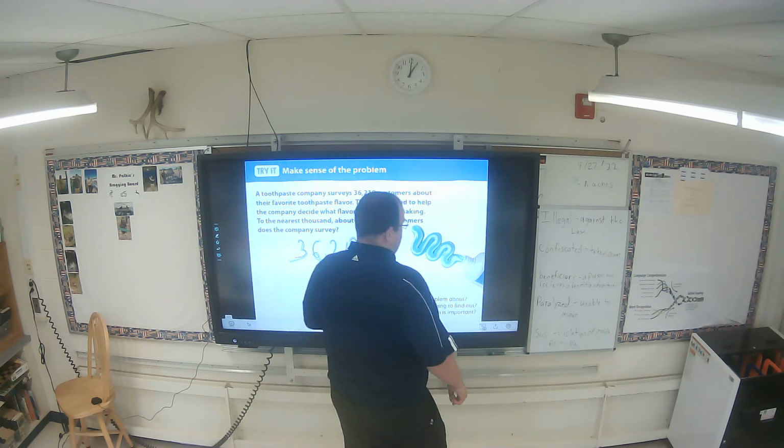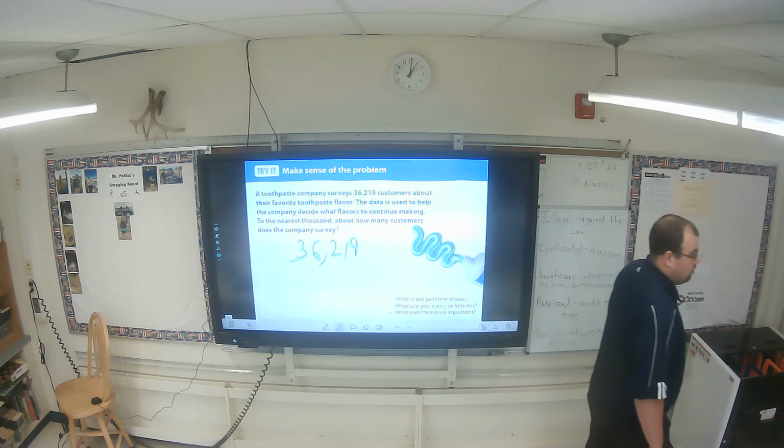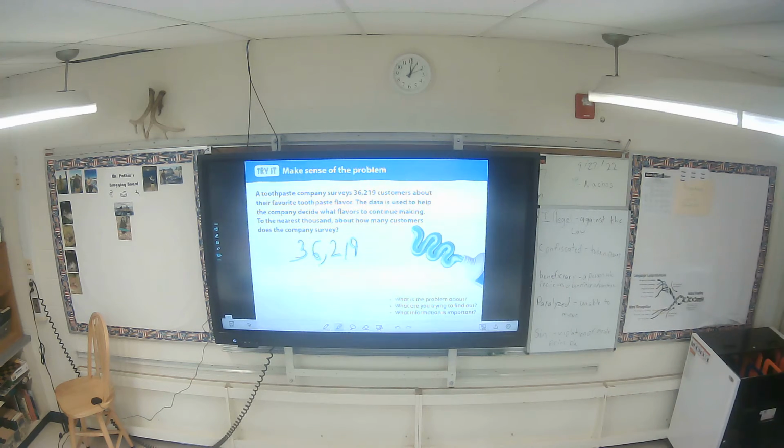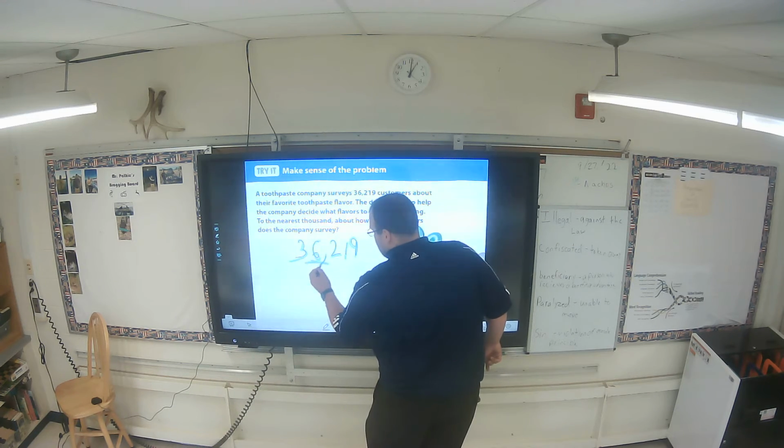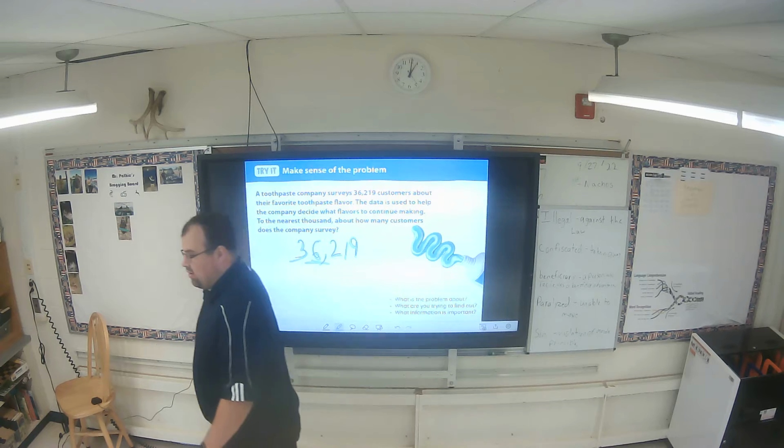I gotta do it in a big, dark highlighter, otherwise it won't show up on the camera. The first step in rounding to the nearest thousand is to identify where the thousands place is. What's in the thousands place?